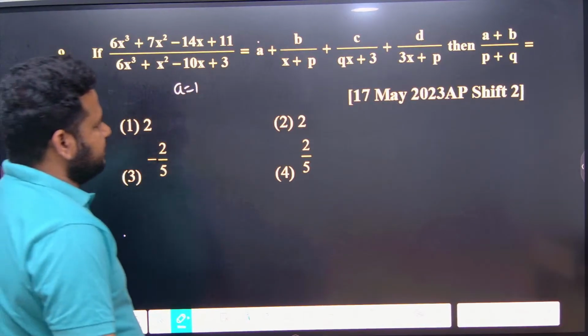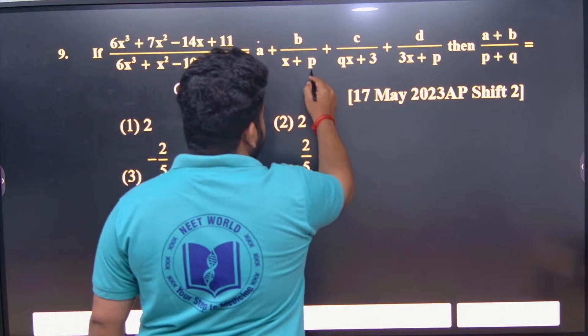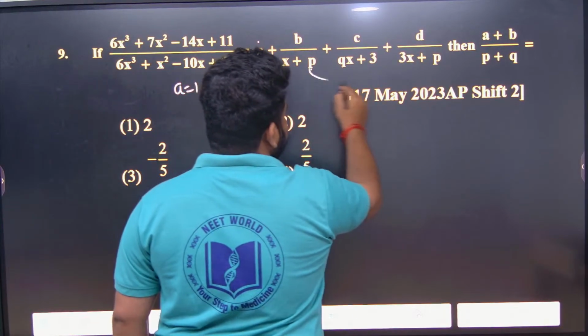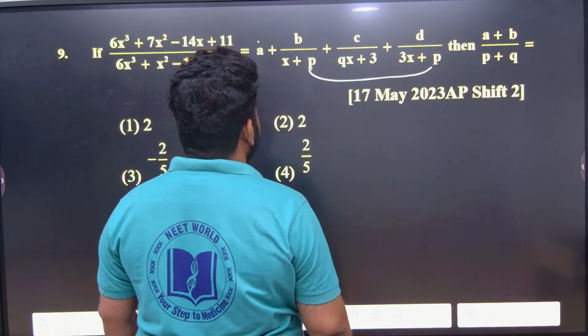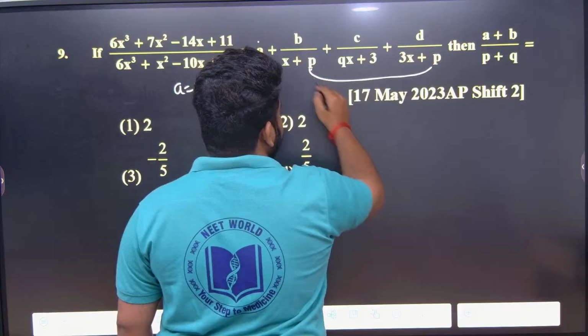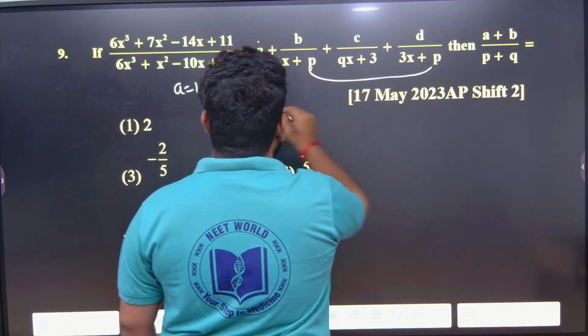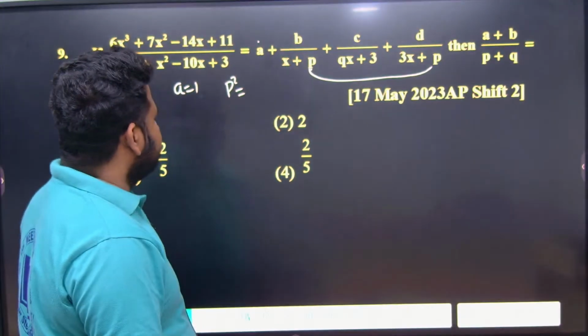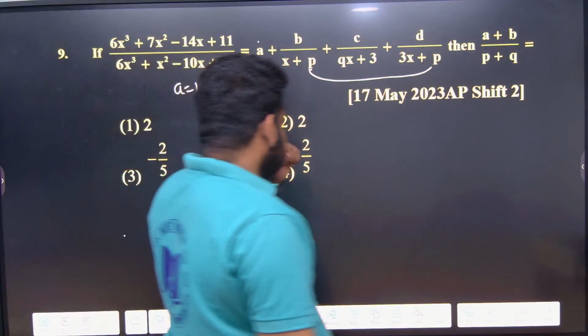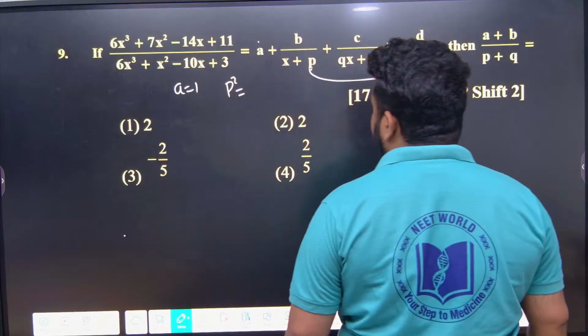Now further focus here. If you multiply this and this, p into p, I am getting p square.